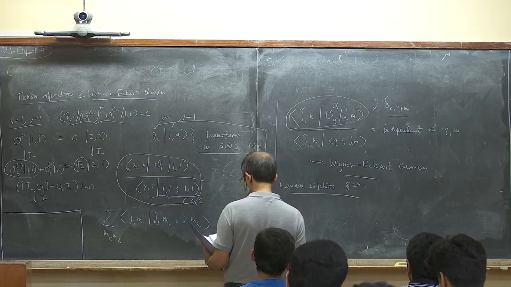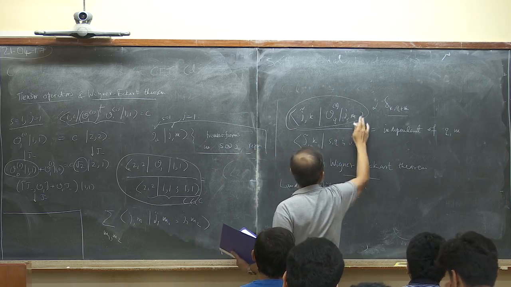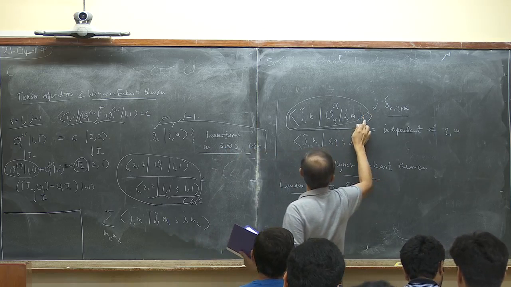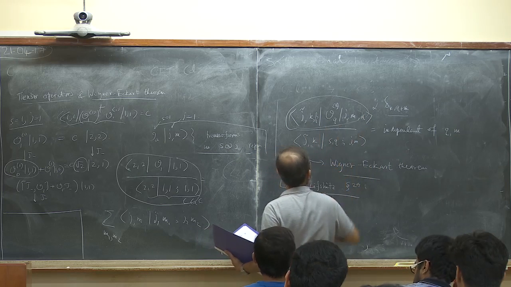And even more formally, what this is. So suppose that I have some other quantum numbers alpha and beta here.